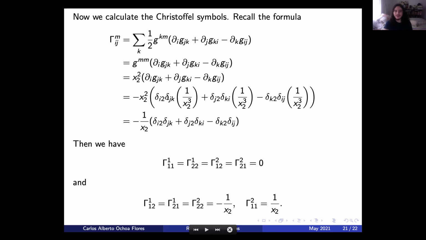Right. So first we have the Kronecker delta of J and K, but then also, since the function actually only depends on the second variable, when this partial, the I is 1, the derivative will be 0, right?